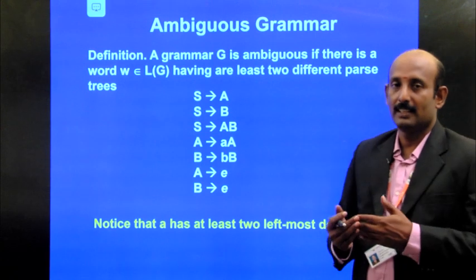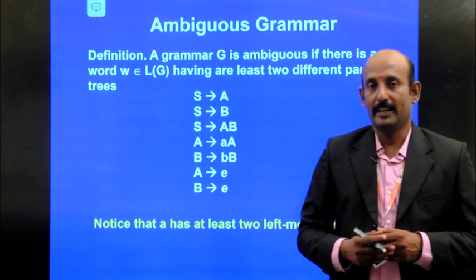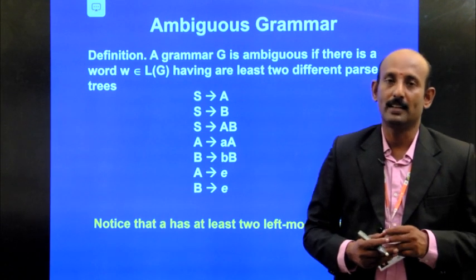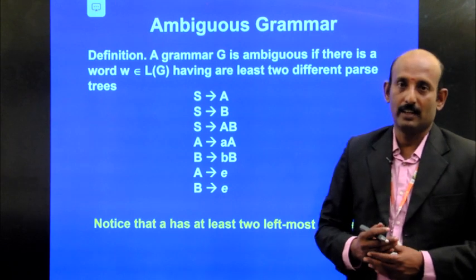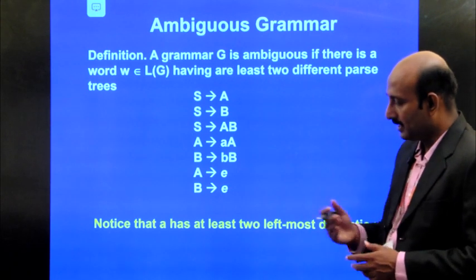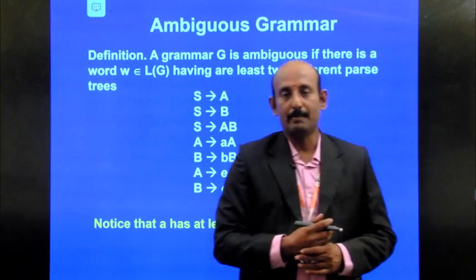I repeat this: a grammar is said to be ambiguous if it generates more than one leftmost derivation or rightmost derivation.